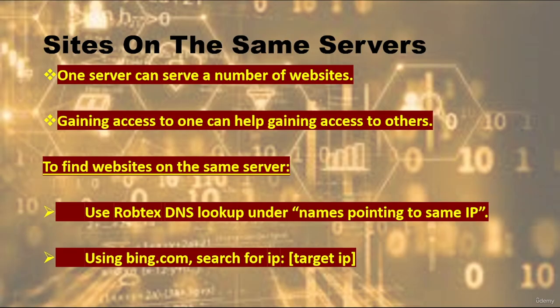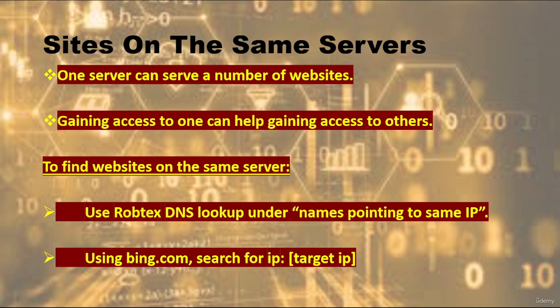We can also use bing.com and do what you call a Google fu. Bing is a cloud-based search engine, so it's got a lot of details. You filter it by writing ip, then a colon, and then the target IP.